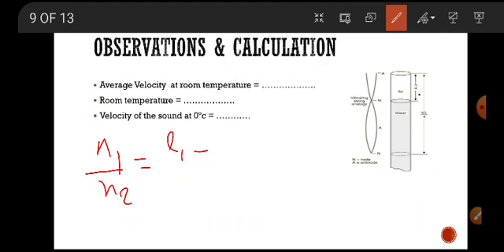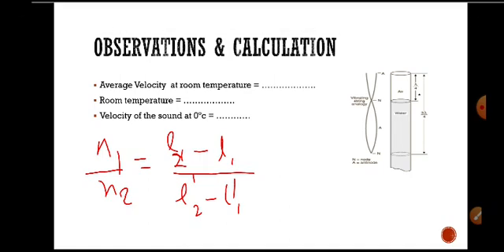N1 by N2 equals L2 minus L1 by L2 prime minus L1 prime. So here L1 and L2 are taken as the air column lengths for the first tuning fork, and L2 prime and L1 prime are taken as the second tuning fork's air column lengths.